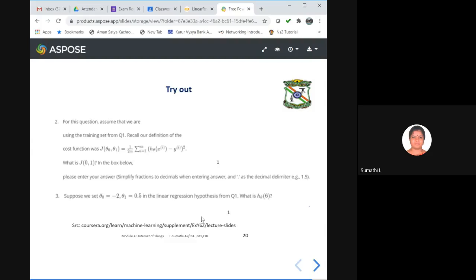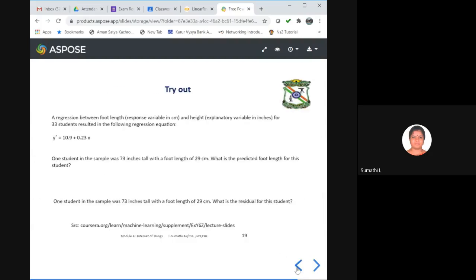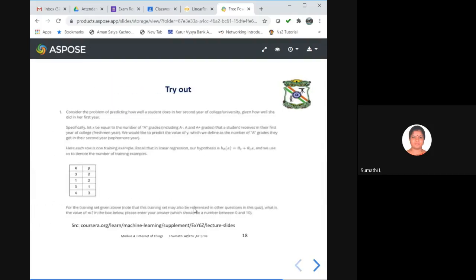For example, here I have four data points. For all four, given theta naught and theta 1, I know the equation. So in this equation I apply the x value and find my estimated y value, and I know the actual y value.